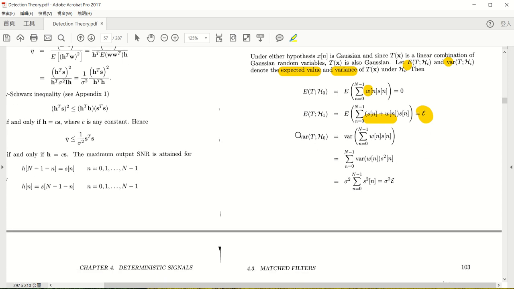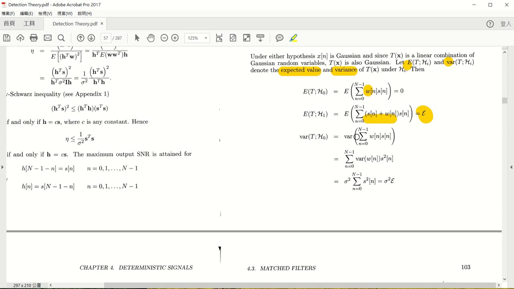And then the next thing is the variance. For the variance, we are taking the variance of T conditioned on H0, and that's the variance of W, because conditioned on H0, T is only W multiplied by S, which is the same as this one.